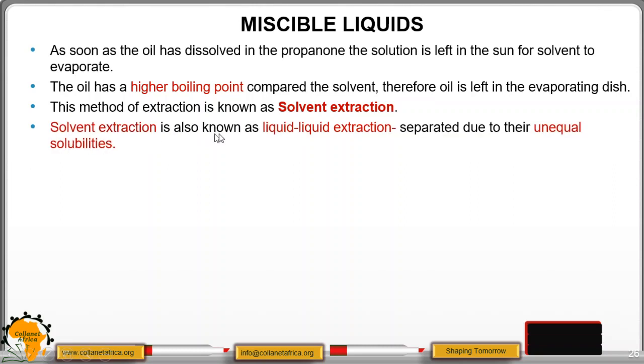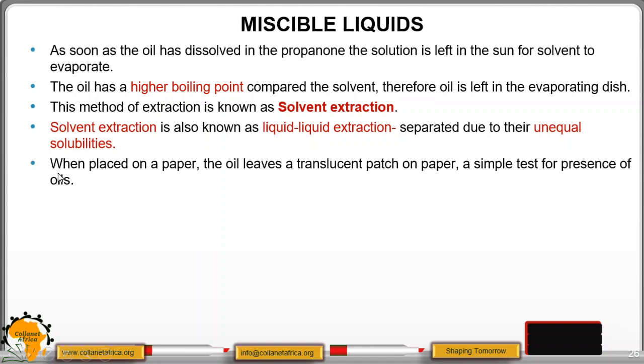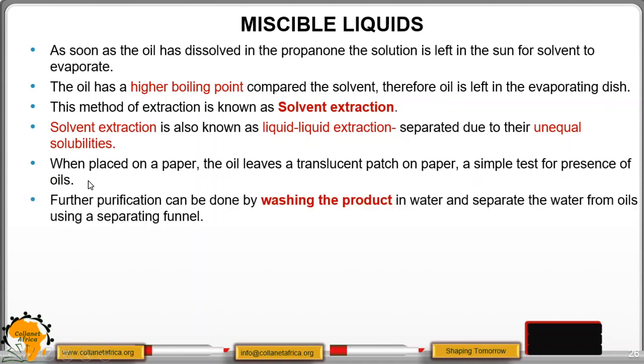Solvent extraction is also known as liquid-liquid extraction, where substances are separated due to their unequal solubilities in the solvent. When placed on paper, the oil leaves a translucent patch, a simple test for the presence of oils.